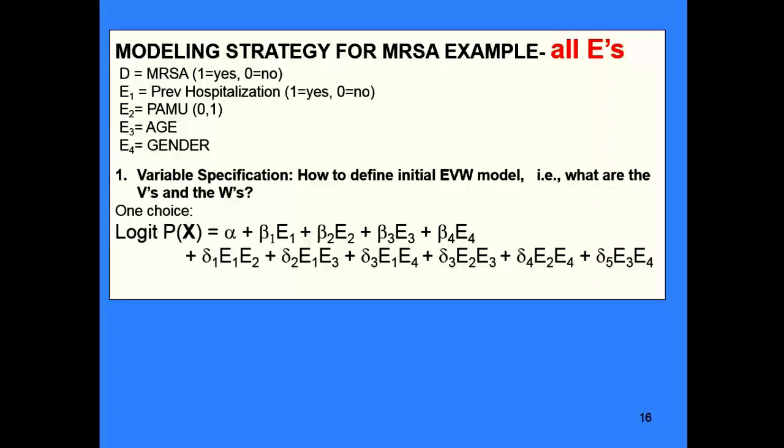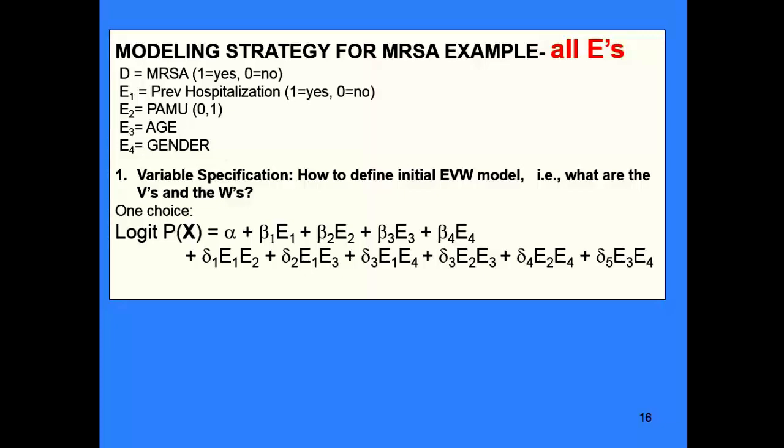You're in a hypothesis generating stage where you don't know anything about anything, and every variable you want to put in your model is a potential exposure variable. Here's an example of that situation. There are no V's or W's in this model, they're all E's. So how do you deal with this?